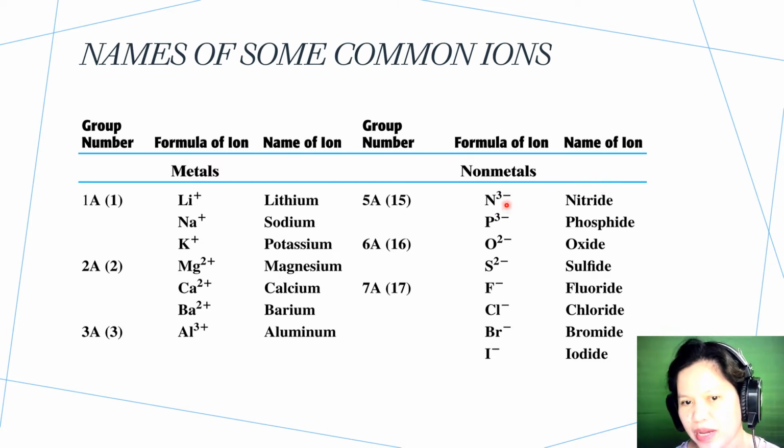So instead of nitrogen, it becomes nitride. Phosphorus becomes phosphide. Oxygen becomes oxide. Sulfur, sulfide. Fluorine, fluoride. Chlorine, chloride. Bromine to bromide, and iodine to iodide. So remember that if the element is a cation, no need to change the name. What you will be changing is only the anions, which are mostly the non-metals.